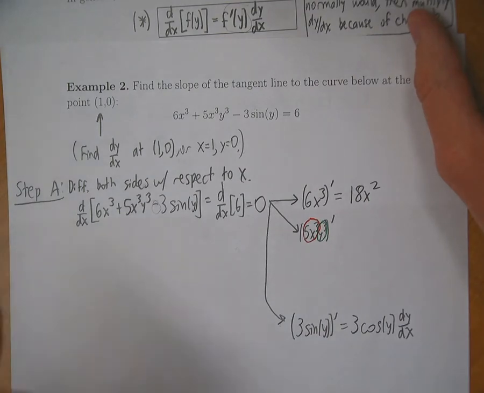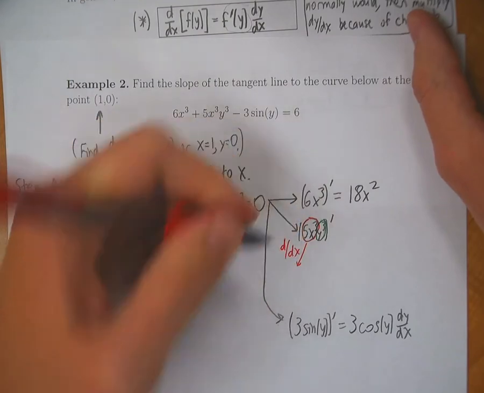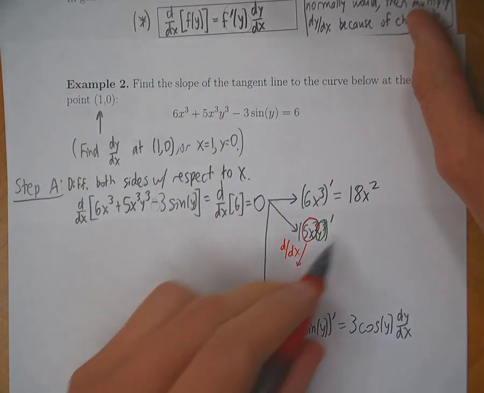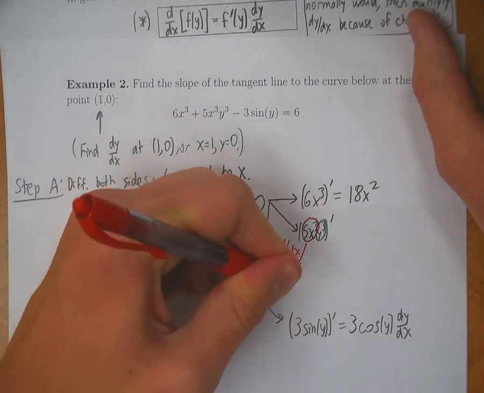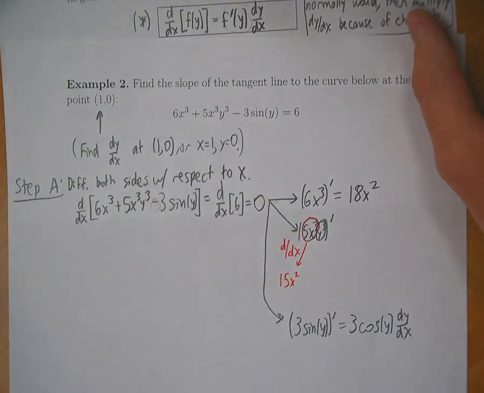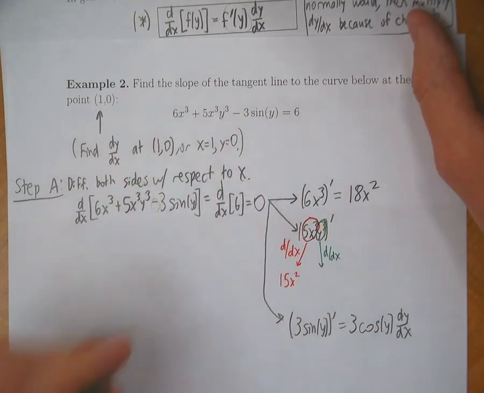So if we were to do that, we say, all right, what would the derivative of 5x cubed be? Do the same thing we just did above to get 15x squared. But then what about the derivative with respect to x of y cubed?